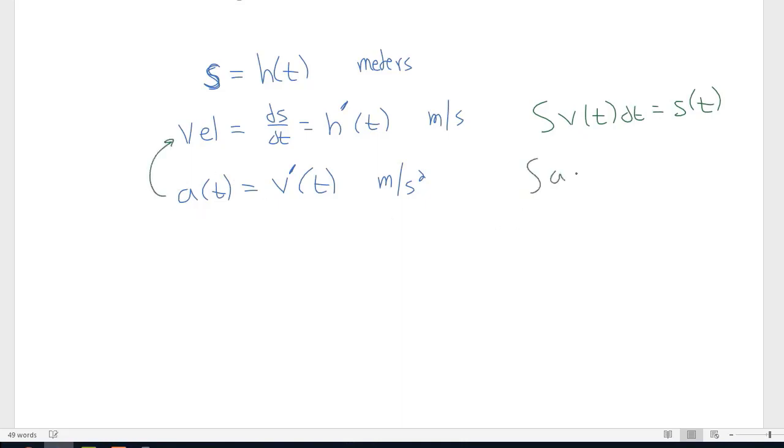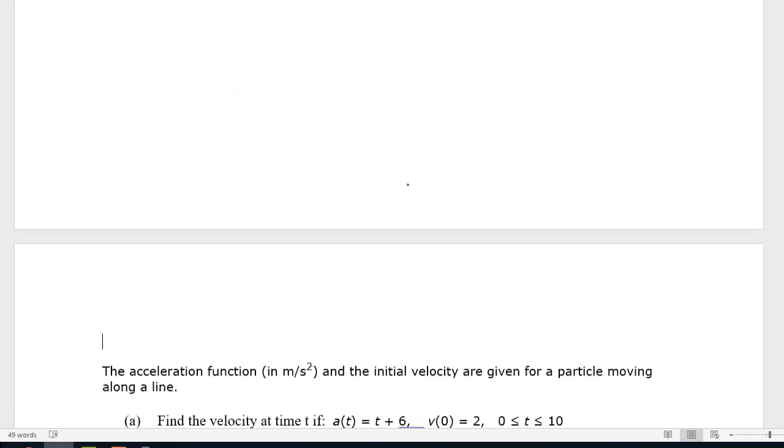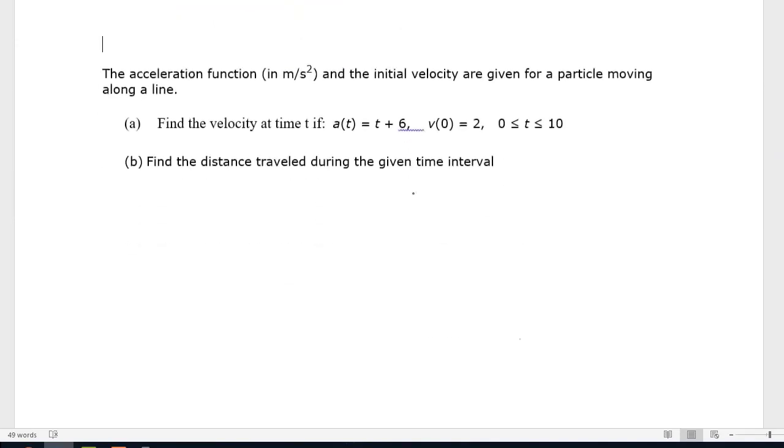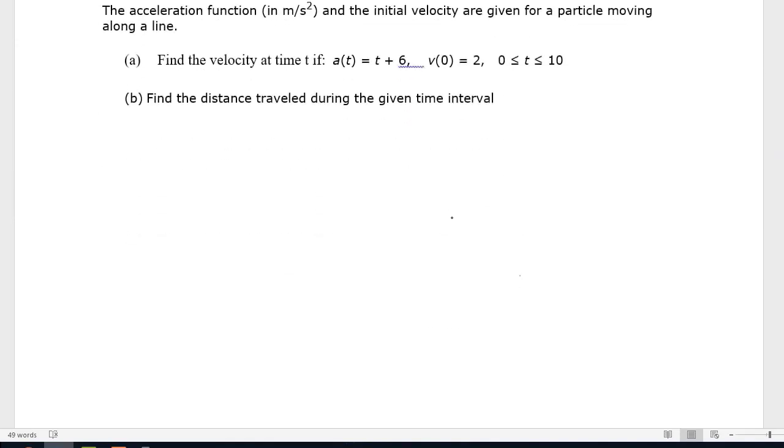So I could integrate acceleration and get to the velocity function. Now keep in mind, I technically have constants of integration here because these are families of antiderivatives. So we could go backwards. Derivatives and integrals are inverse operations, and we can move in the other direction in this application of position, velocity, and acceleration. So let's take a look at an example where we might use that process.